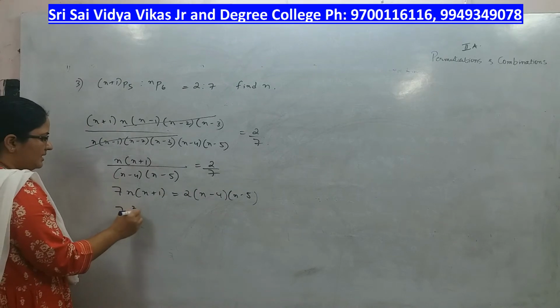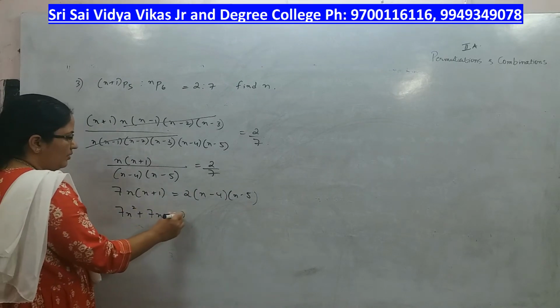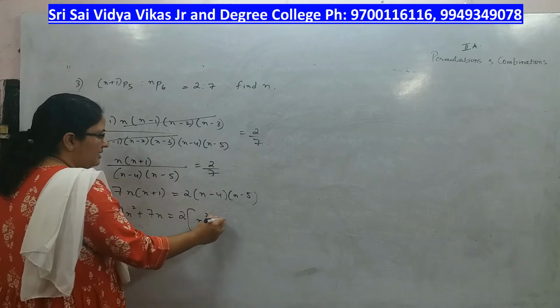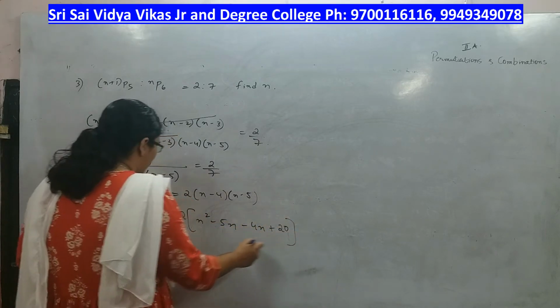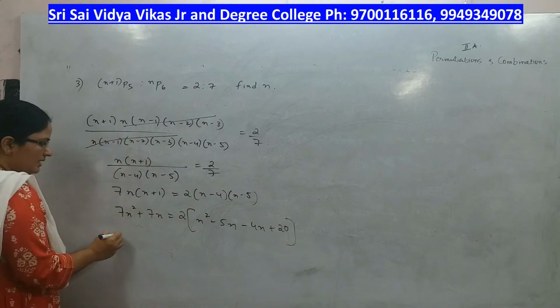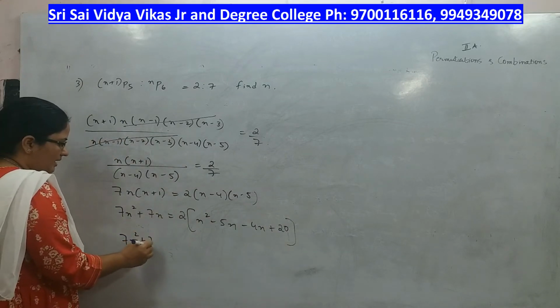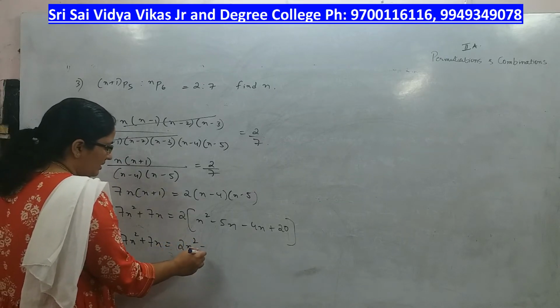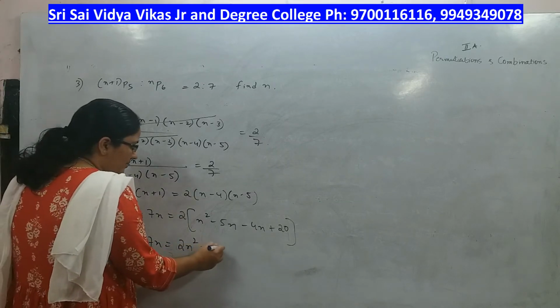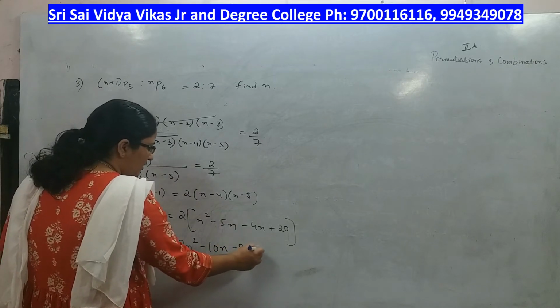7n square plus 7n, 2 into n square minus 5n minus 4n plus 20. 7n square plus 7n, 2n square minus 10n minus 8n plus 40.